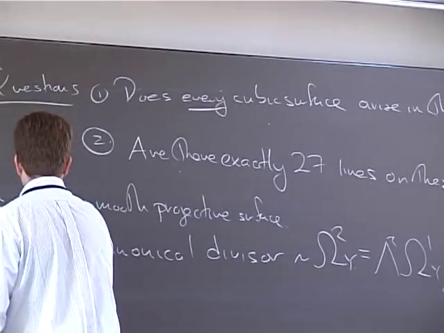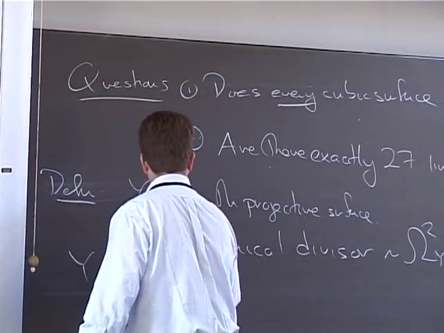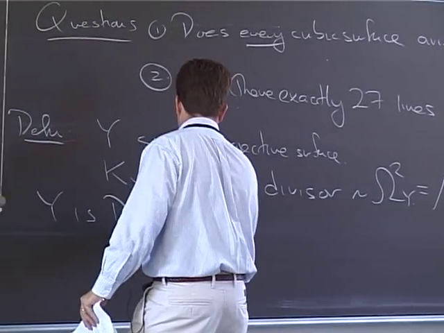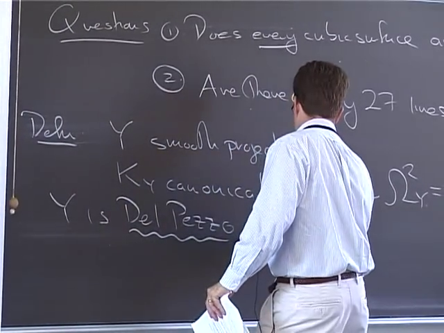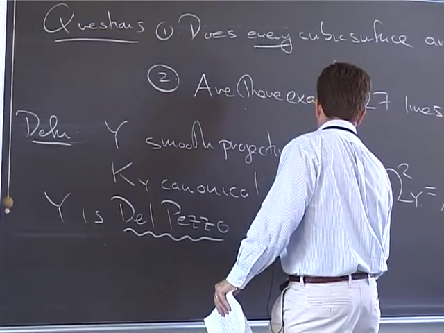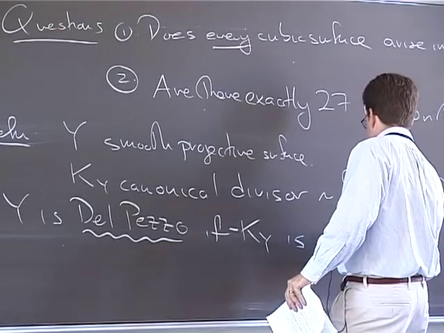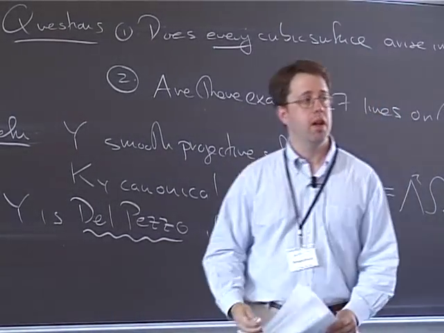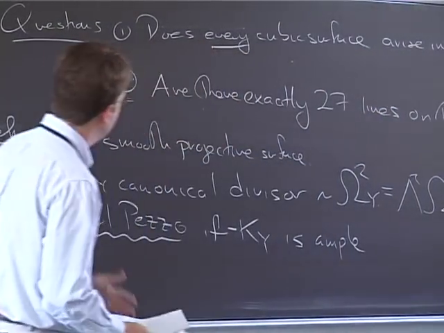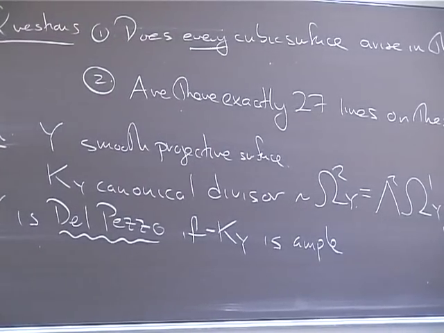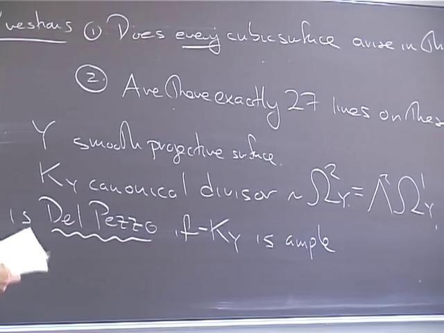So we say that Y is del Pezzo if minus K_Y is ample. If some large power of the anti-canonical bundle embeds the variety into projective space.